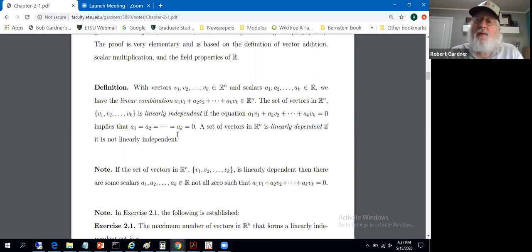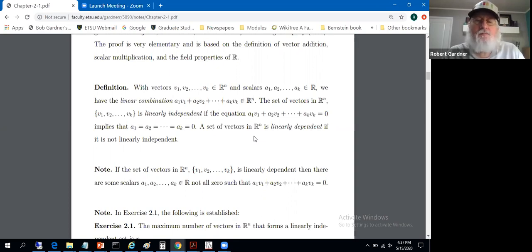The a's are scalars, the v's are vectors. So linearly independent means the only time a linear combination is set equal to 0 is when all the scalars are 0. That's a linearly independent set of vectors. A set of vectors is linearly dependent if it's not linearly independent. All right. Let's unwind that last little statement there.